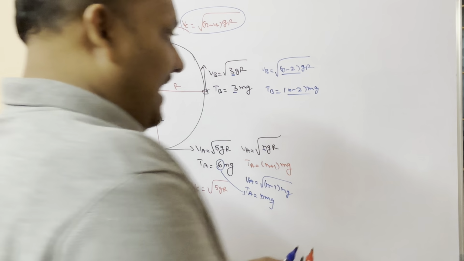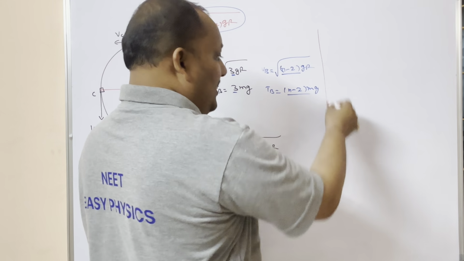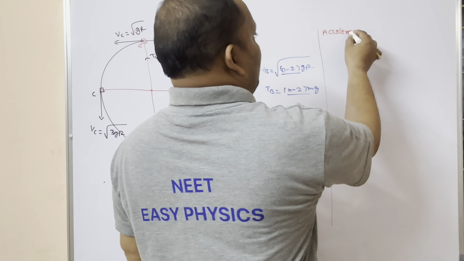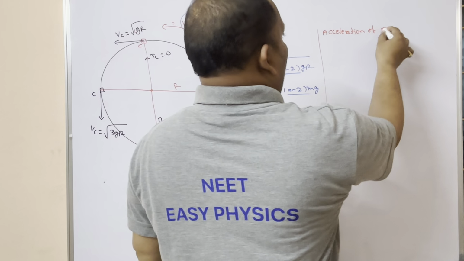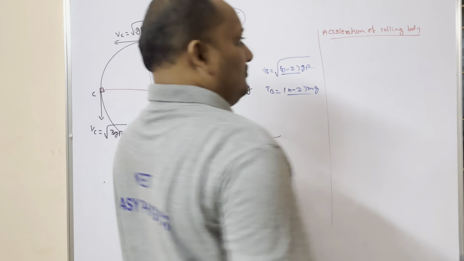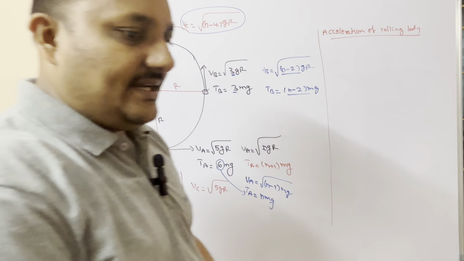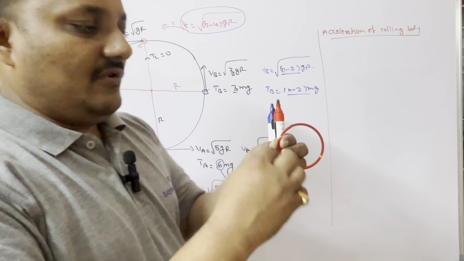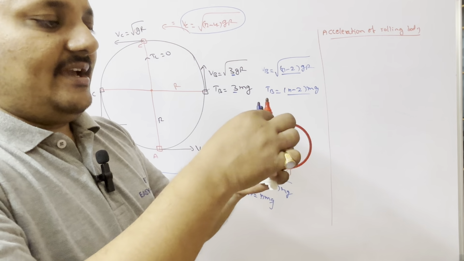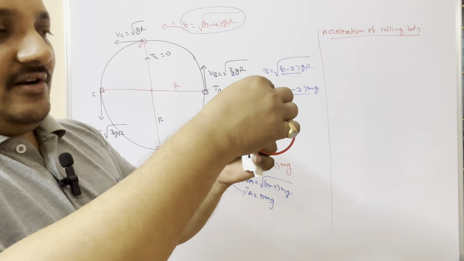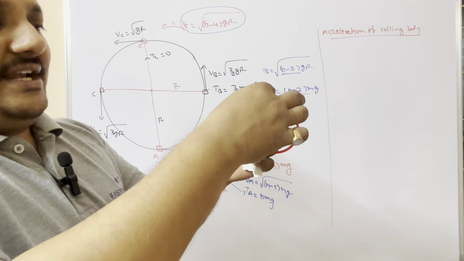Next, acceleration of a rolling body. Whenever an object is rolling, let us assume you take a ring and wind one wire around it. After winding, you take the last end of that wire or thread and leave the ring.